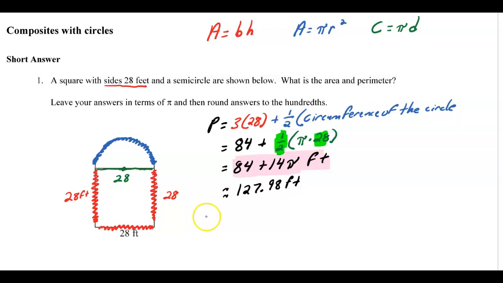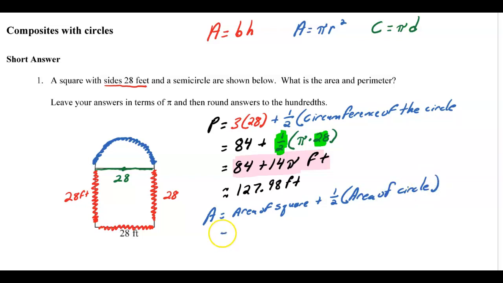The second thing I want to do is find the area. So for the area, I need the area of the square plus half the area of the circle. So the area of the square is going to be 28 times 28 plus half pi.